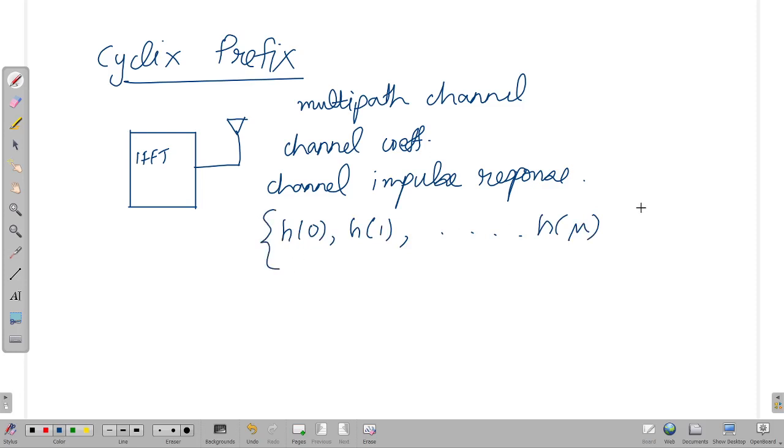This is the channel impulse response. How many coefficients do you have here? You have a mu plus 1 length channel. The channel impulse response has mu plus 1 points.